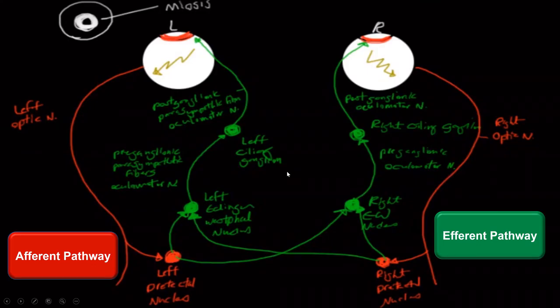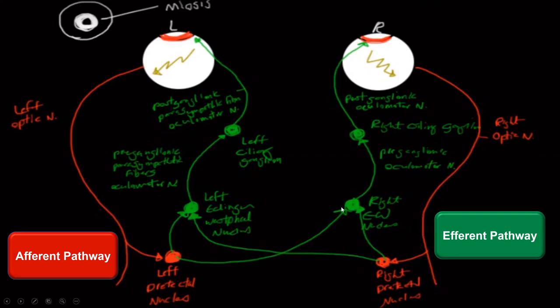So we need to understand these concepts. Afferent pupillary defect doesn't cause anisocoria. Efferent pupillary defect will cause anisocoria. Efferent pupillary defect can be due to a sympathetic pathway lesion, such as Horner syndrome, or a parasympathetic pathway lesion, such as the tonic pupil, or traumatic mydriasis, or third nerve palsy.